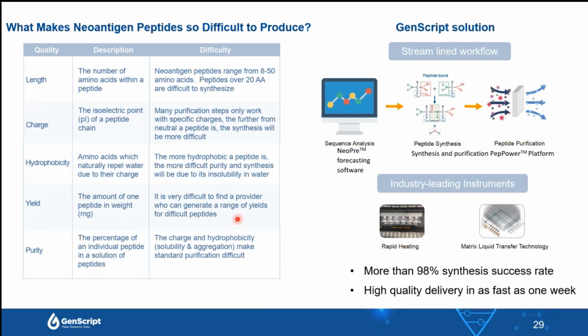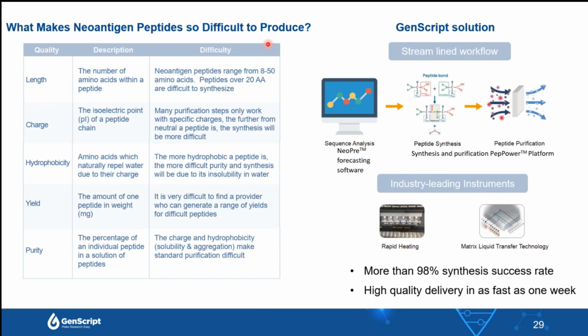And the yield, it's very difficult to generate a very large amount. Okay, that's the evaluation when we produce the peptides.